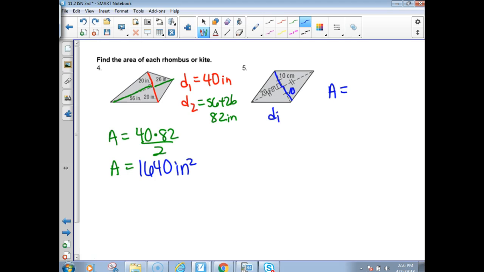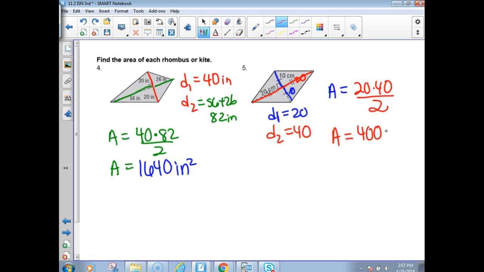So I'll just say diagonal 1 equals 20. And then she said 40 for the other because you have to add 20 plus another 20. Diagonal 2 is 40. All right, so 20 times 40 divided by 2. That should be an easy one for you to calculate without a calculator. 800 divided by 2 would be 400 square centimeters.